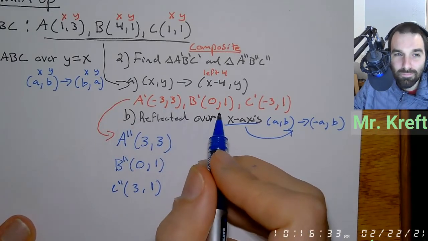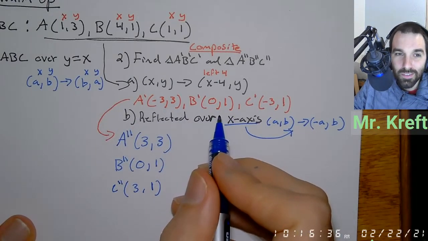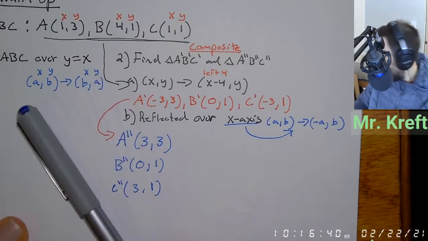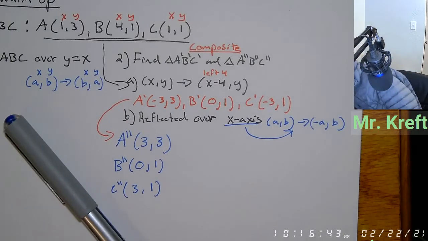Actually that's 0, 1. It's not on the x-axis. Is this the right formula? I don't have these memorized, so I'm going to look that up really quickly.